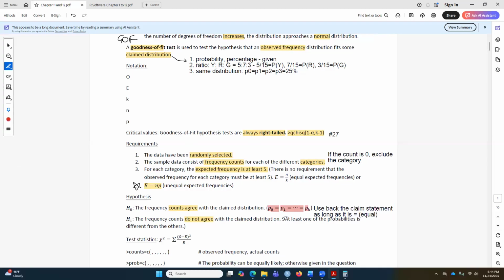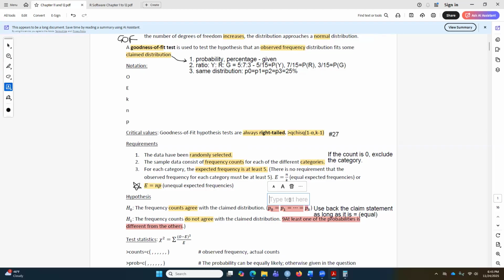And for your alternative, if you want to write this, it is at least one of these probabilities is different from each other. The one that I highlight in red, orange, grapefruit color, I don't know what color that is, is used only if you write them in terms of math. But if you write them in terms of English, then you just write the one that I highlight in yellow. But also, this is only used for the null hypothesis if all of them are the same. Remember, they are the same.